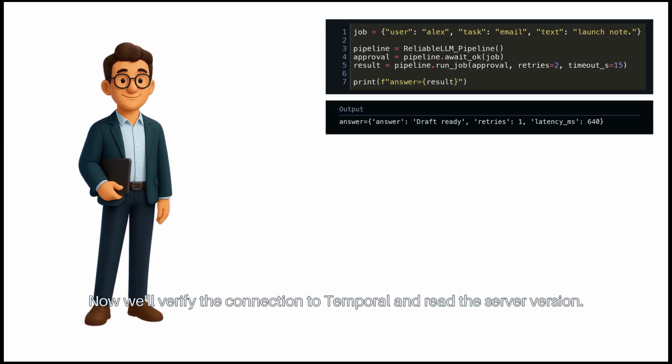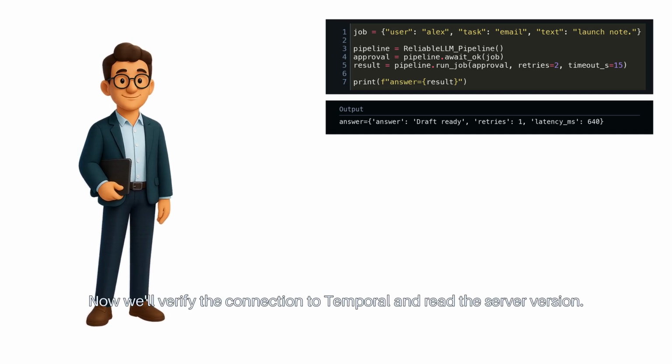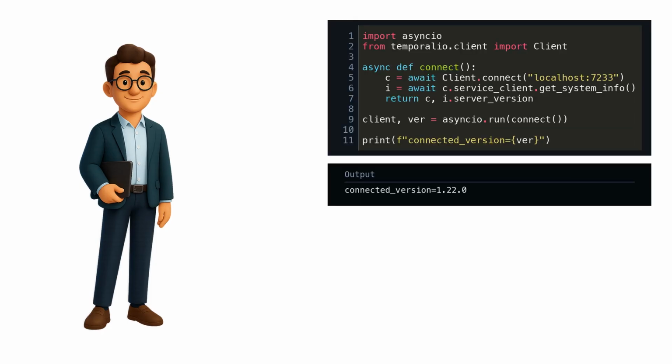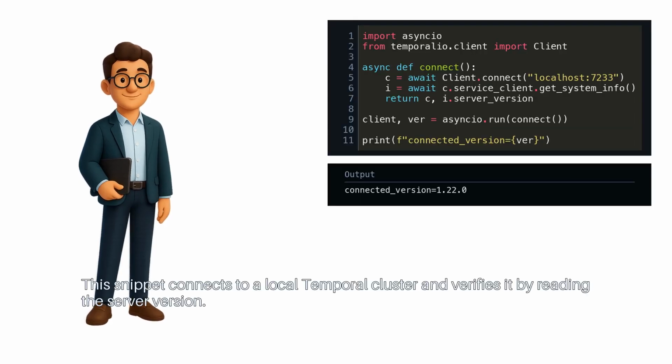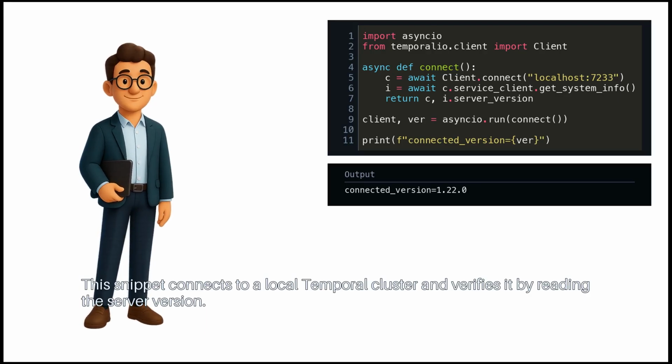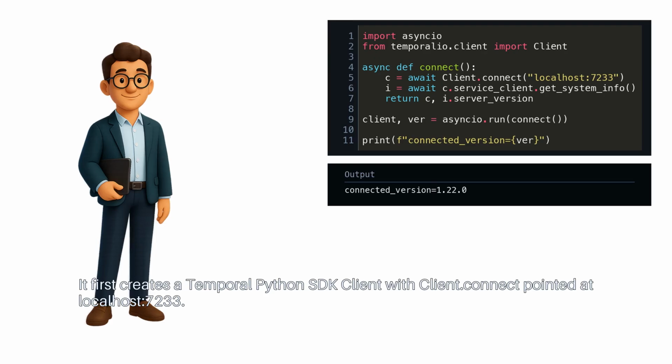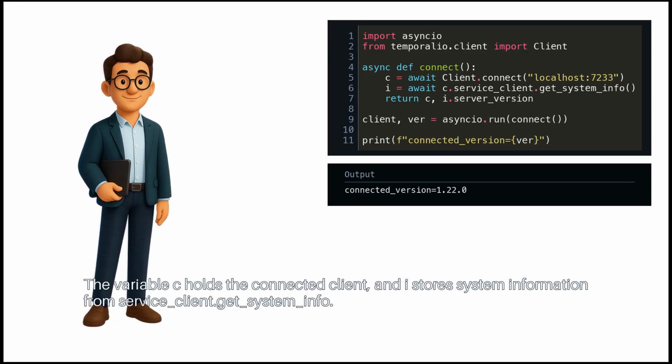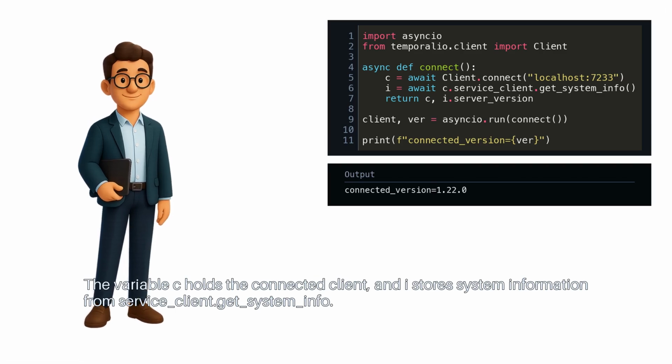Now, we'll verify the connection to Temporal and read the server version. This snippet connects to a local Temporal cluster and verifies it by reading the server version. It first creates a Temporal Python SDK client with Client.connect pointed at localhost:7233. The variable c holds the connected client, and i stores system information from service_client.get_system_info.